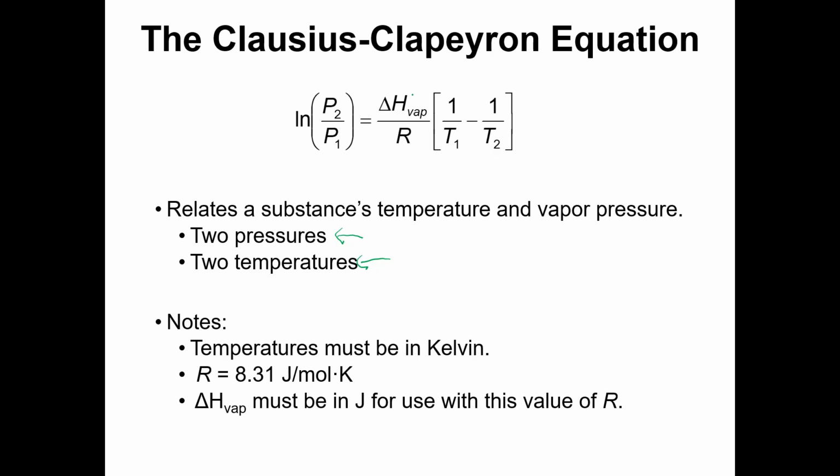So we will actually get some practice working on the Clausius-Clapeyron equation in class and see how we can plug some values in and calculate delta H of vaporization for different temperatures and pressures, or calculate what the pressure would be given the pressure and temperature for another value. So we'll get some practice with that equation in class.